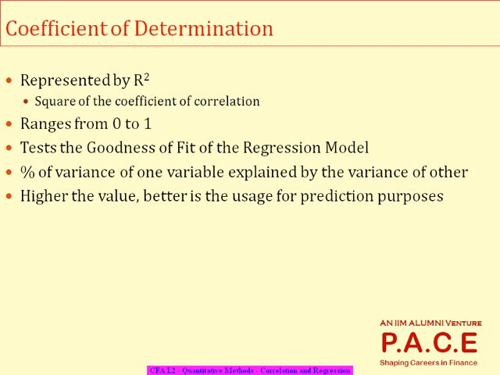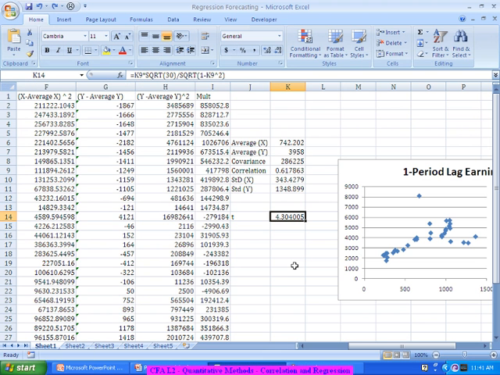The moment I find out r, r squared is nothing but the coefficient of determination. Now, what does it explain?